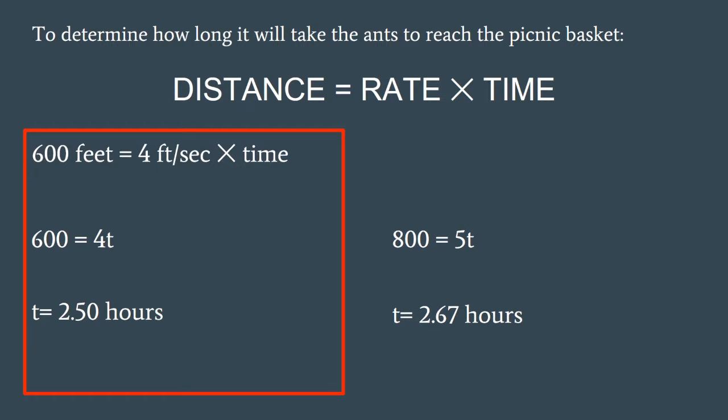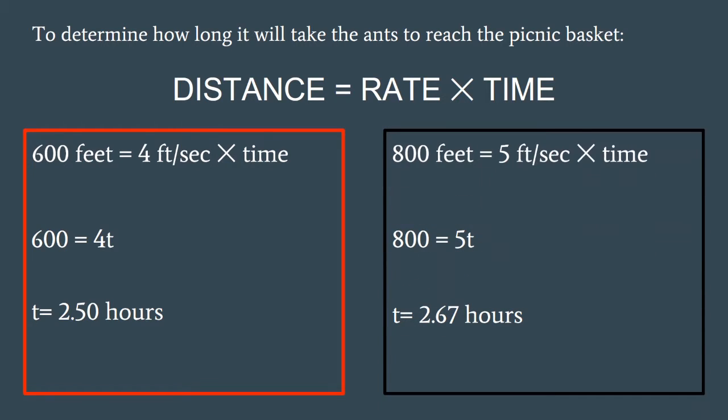Because the black ants are 800 feet from the picnic basket, our distance is 800. They are traveling at a speed of 5 feet per second, so our rate is 5. We plug those numbers into the formula and find that t, time, equals 2.67 hours. So it will take the red ants 2.5 hours to reach the picnic basket, while it will take the black ants 2.67 hours to reach it.